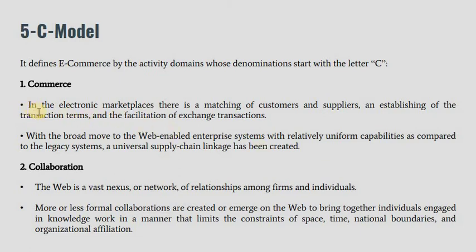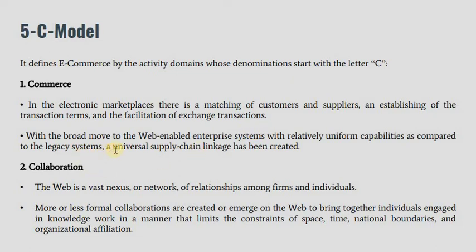Point number one is, in the electronic marketplace, there is a matching of customers and suppliers, an establishment of the transaction terms, and the facilitation of exchange transactions, right? So there is a marketplace where customers and suppliers can come, and there can be exchange of various goods, services, etc. as in demand.